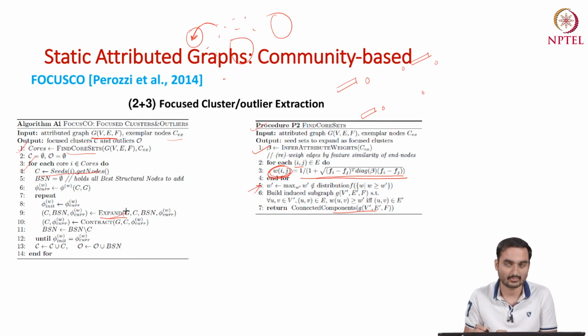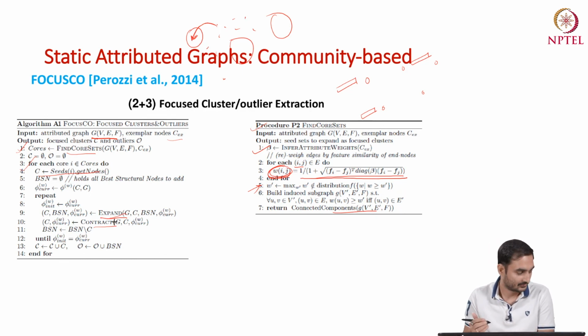So, what we do is similarly perform contract. This contraction operation keeps on removing nodes from the cores until we see that the conductance value increases. So, it is a greedy approach, and we need to repeat this process multiple times to make the communities refined.